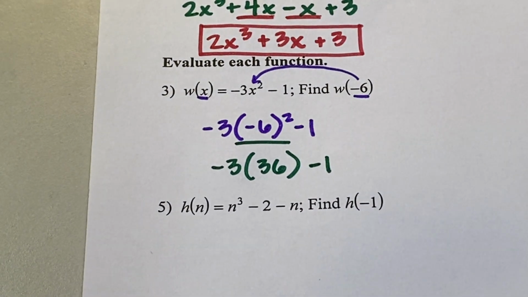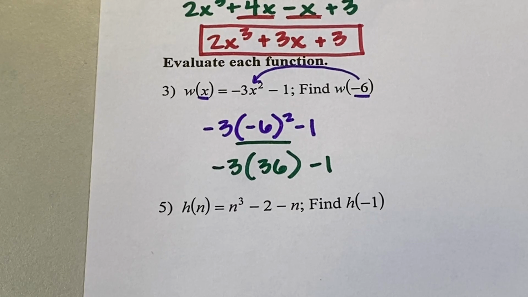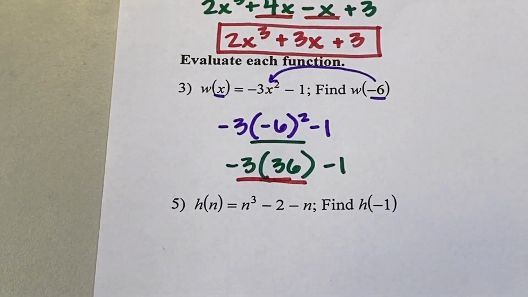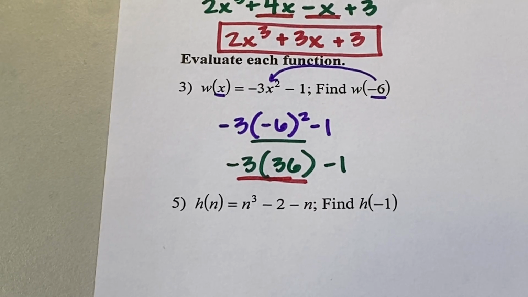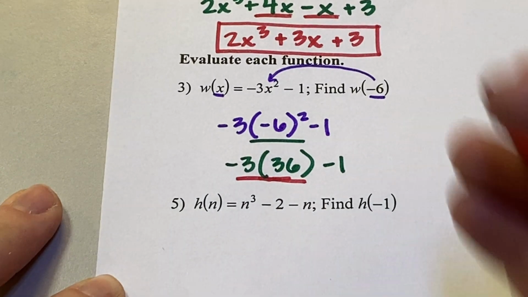Okay, but again, still got to follow PEMDAS. Now I need to multiply before I can subtract. This is where I'm going to use a calculator here. What is negative 3 times 36? Negative 108. Thank you, Kaylee.